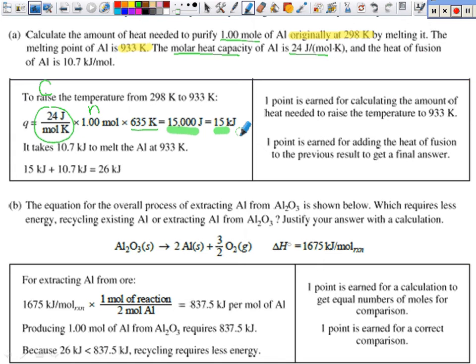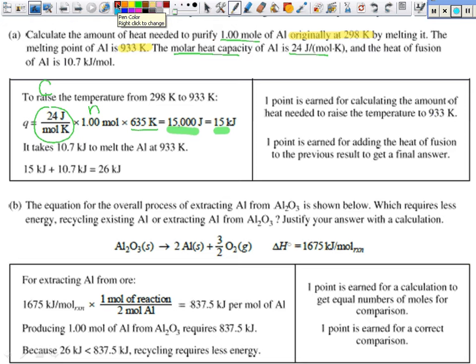So here's the deal. 1 point is earned for calculating the amount of heat needed to raise the temperature to 933 degrees Kelvin. Reread that. You get 1 point for calculating the what? Amount of heat, which is 15 kilojoules or 15,000 joules. So here's the deal. What are we trying to do? Let's think about this in terms of a realistic approach.